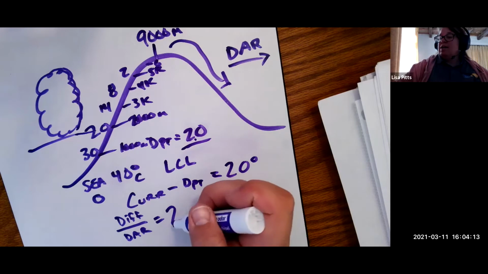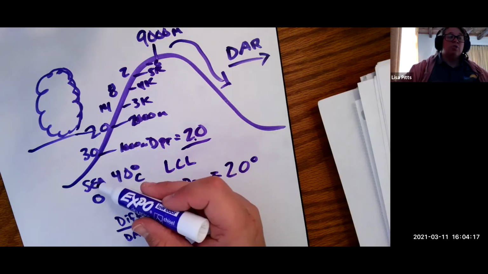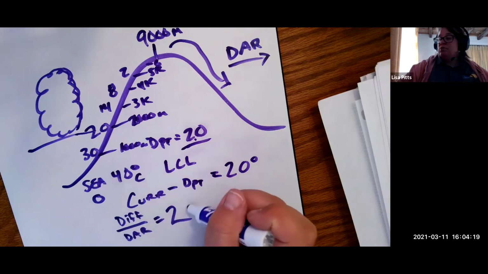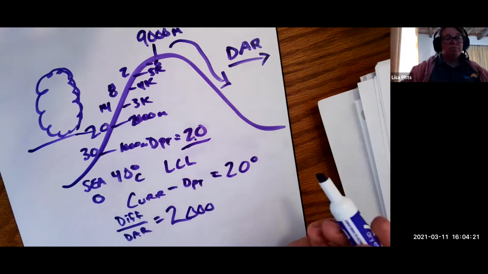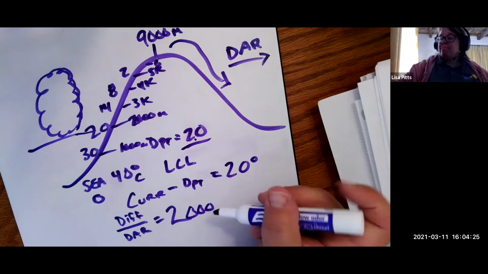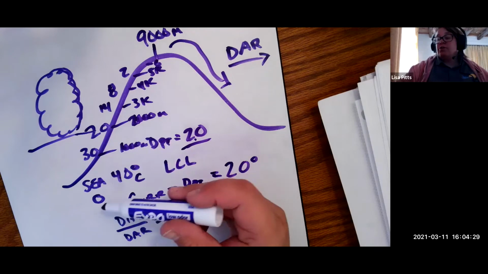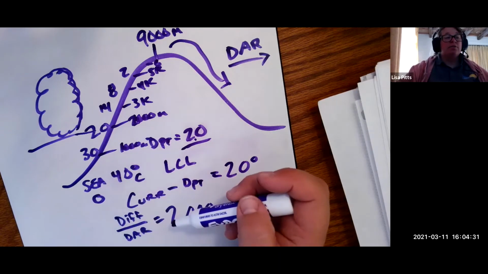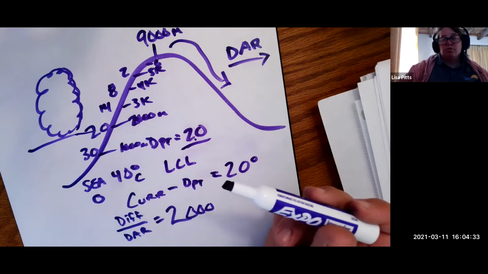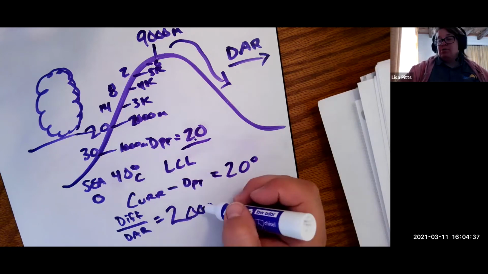So we know we have to add 2,000 to wherever we started. In this particular case, we started at sea level, so I should write this down as 2,000. So we know we're at 2,000. If we had started at 1,000, then we just add, and now we're at 3,000, so to speak. So now we know we're at our dew point temperature at 2,000.